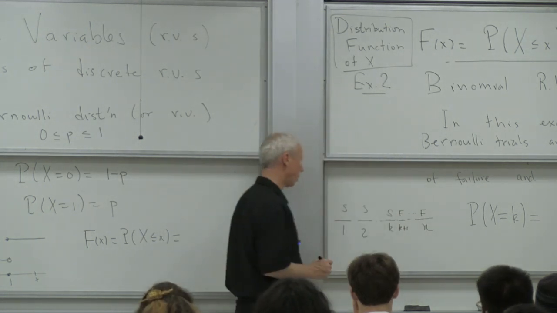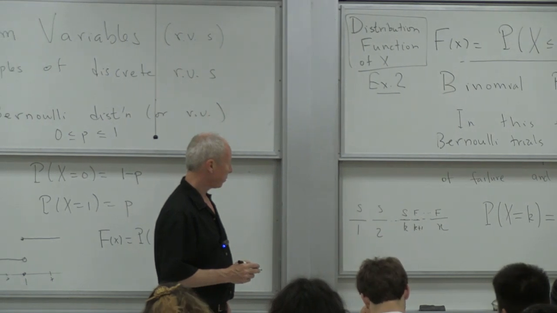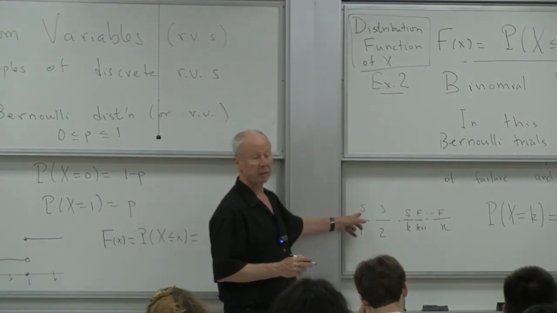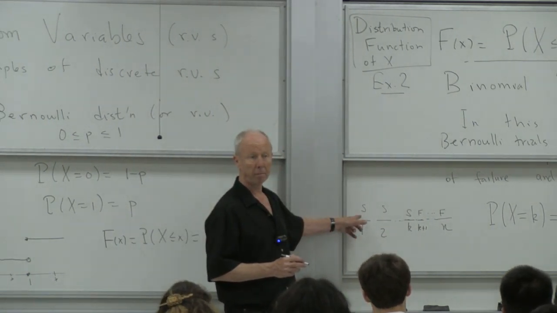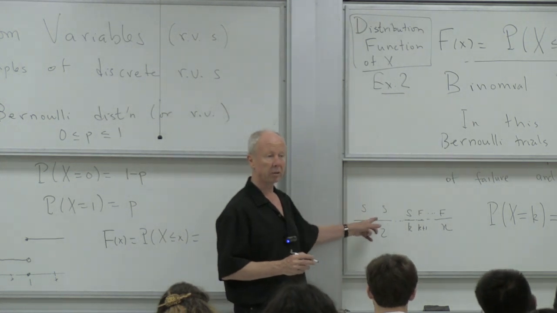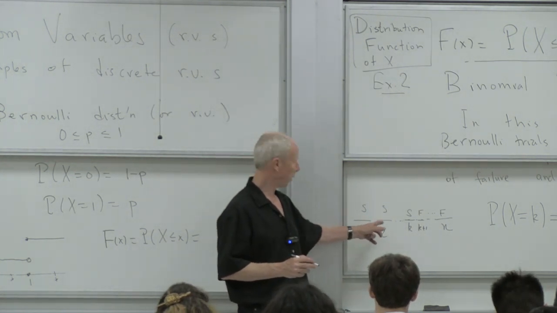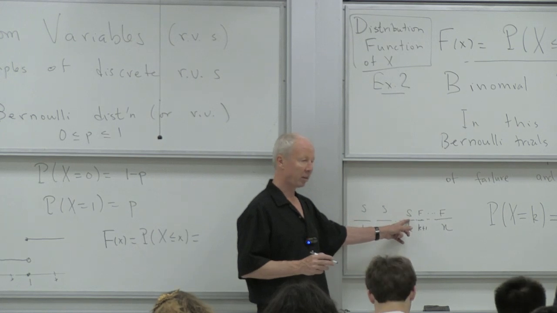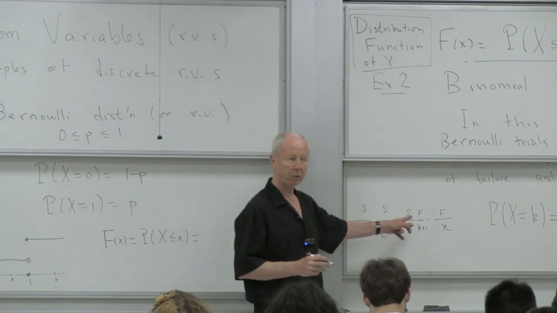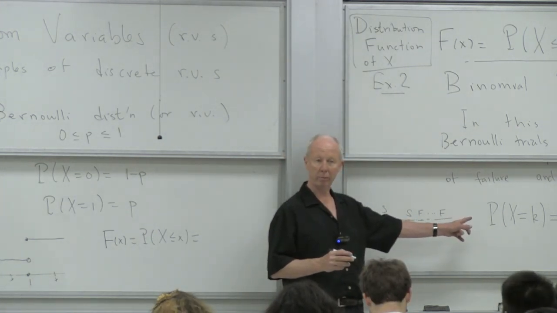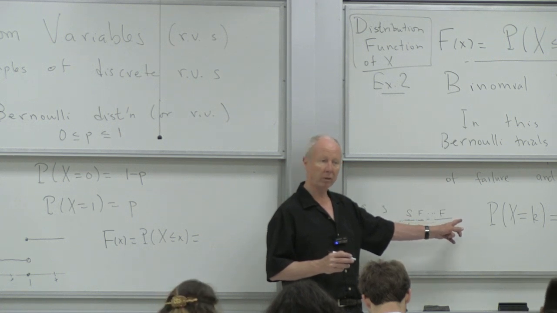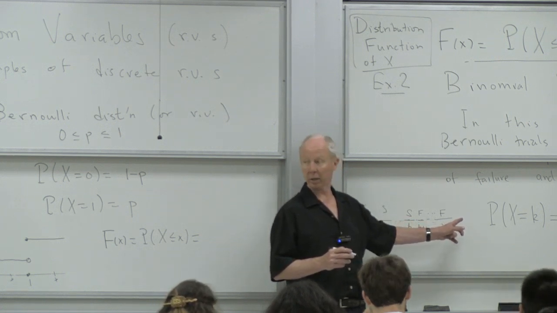What's the probability of that outcome? Well, what's the probability of success the first time? p. Okay, what's the probability of S 2 times in a row? p squared. So the probability of S k times in a row would be p to the k, followed by the probability of getting failures the rest of the time. It'd be 1 minus p to the n minus k, right?